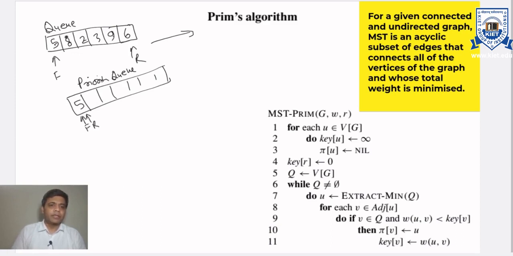Now if next 8 comes, since 8 is a bigger value, it would appear here, the rear has come here, and next 2 comes. Since the value of 8 is greater than 5, the priority of 5 is still higher than 8. So among these two elements, the highest priority is 5, and the next highest priority is 8.